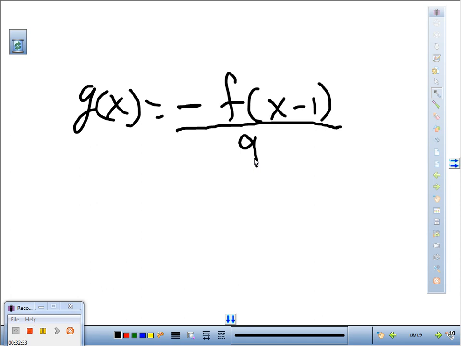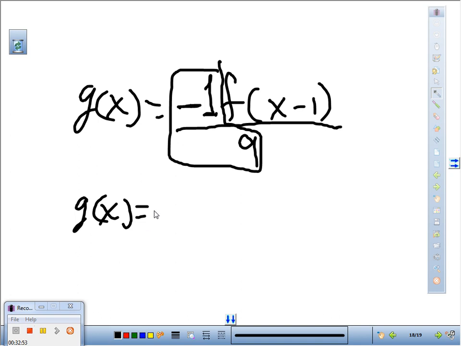I say, but can we rewrite it? Yes, what did we say? What's in the invisible number here? It's a 1, so that means we can get it out of here, and it becomes g of x equals negative 1/9 f of x minus 1. Everybody there? All right.